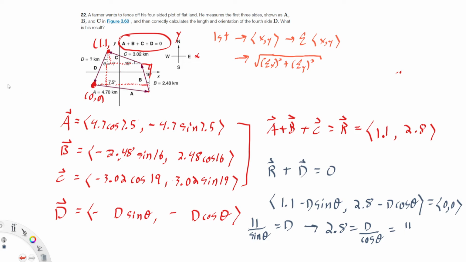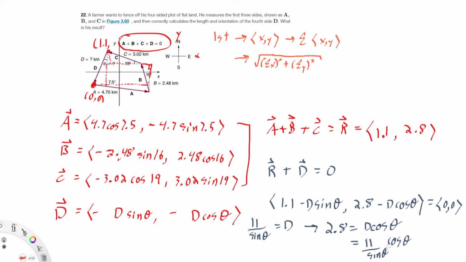Why did I put cosine theta in the bottom? Right, running out of room a little bit. Gonna come to this top right corner to finish it off.